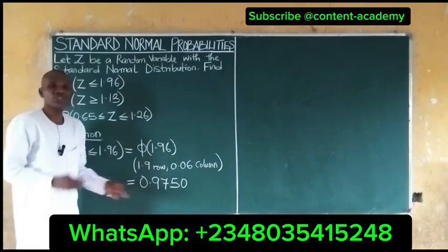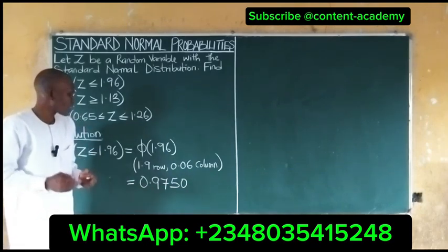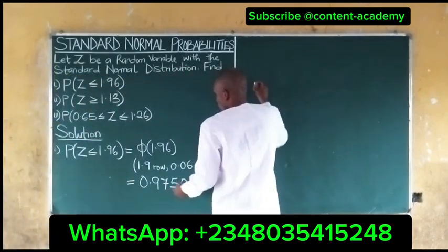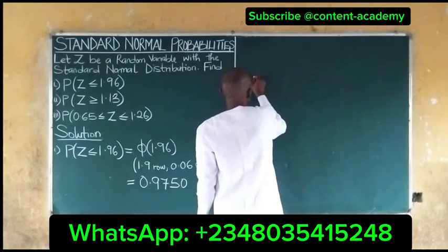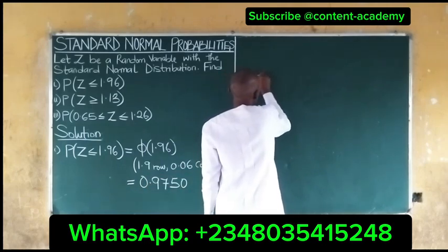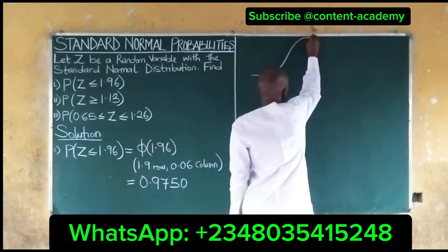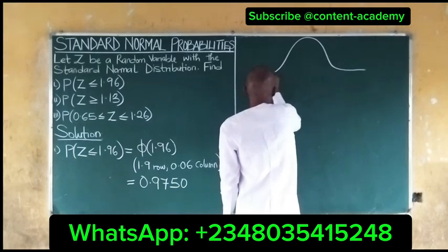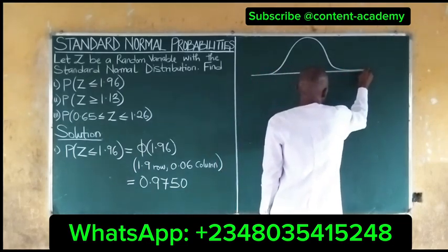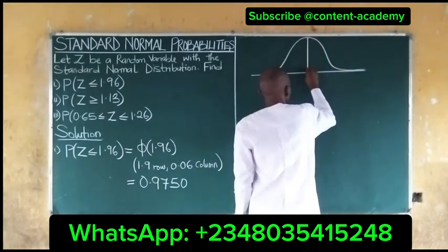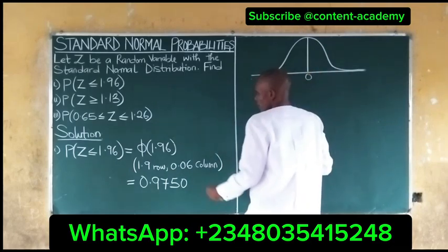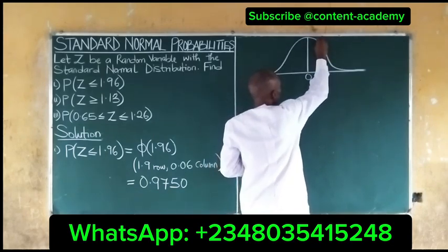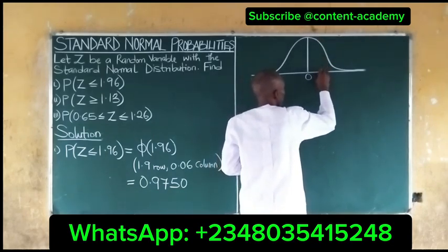The next thing to do is to draw our curve. So our curve for this probability will be, now we have 1.96. 1.96 can be somewhere here.